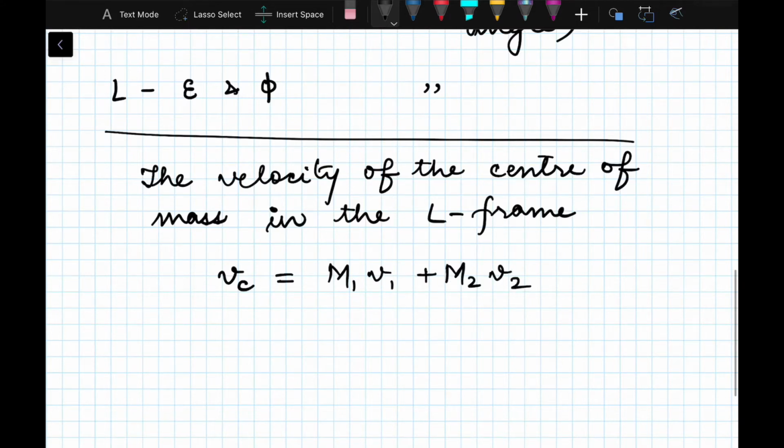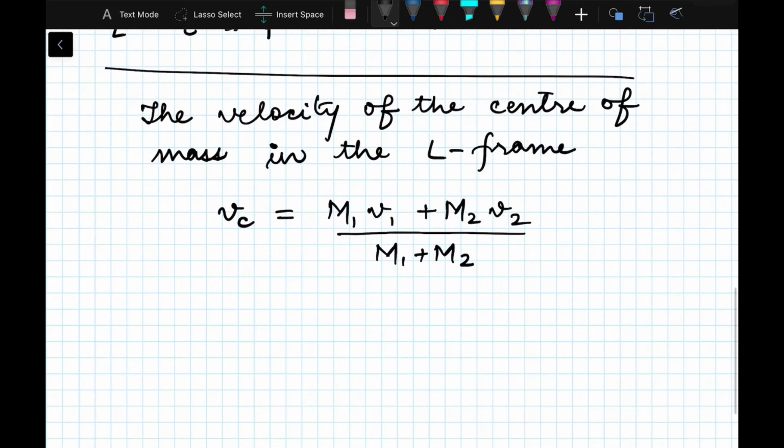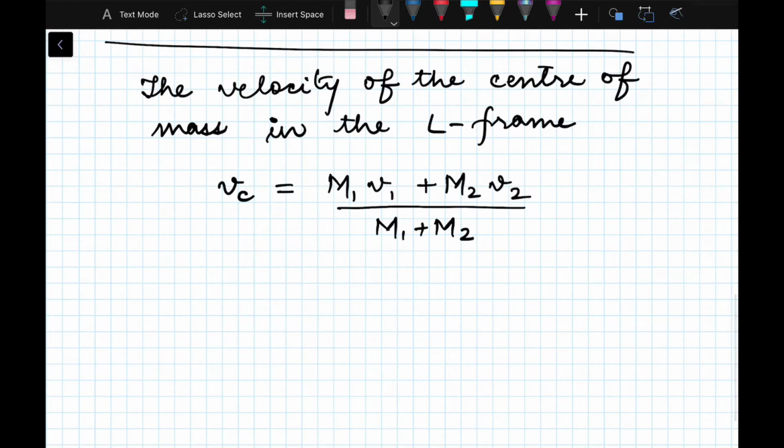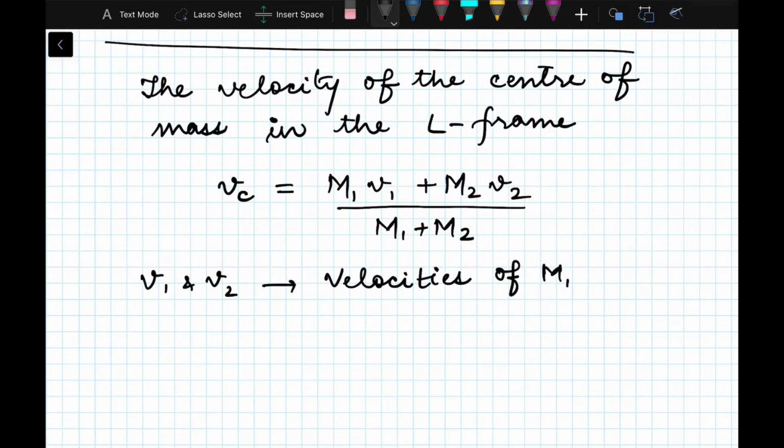divided by m1 plus m2, where v1 and v2 are the velocities of the masses m1 and m2 in the lab frame. Let us mention that also here: v1 and v2 are velocities of m1 and m2 in the L frame.